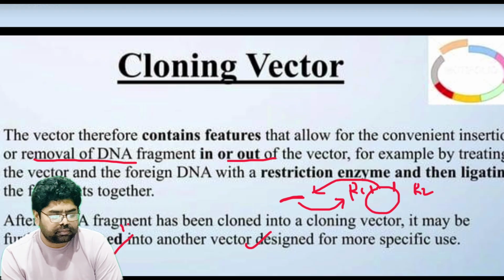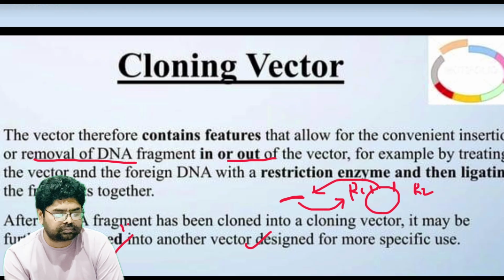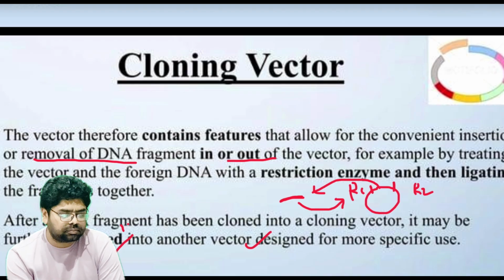After a DNA fragment has been cloned into a vector, it may be further subcloned into another vector. Subcloning is very important. Most people don't understand the meaning of subcloning.